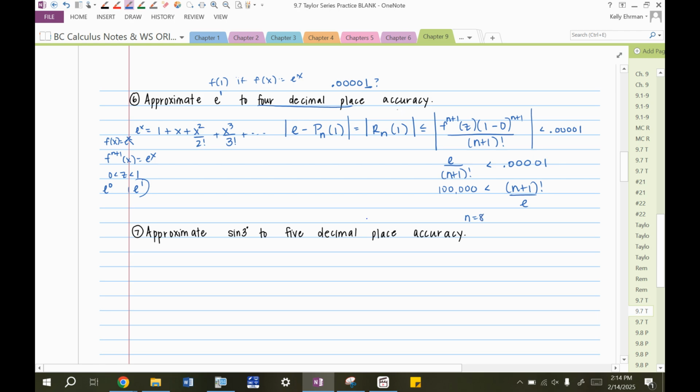Approximate e to 4 decimal place accuracy. That means you would need to take this out to 8 places. So e to the first is about equal to, we're plugging in 1, f of 1. Yeah, that's right, because e is 2 point something.